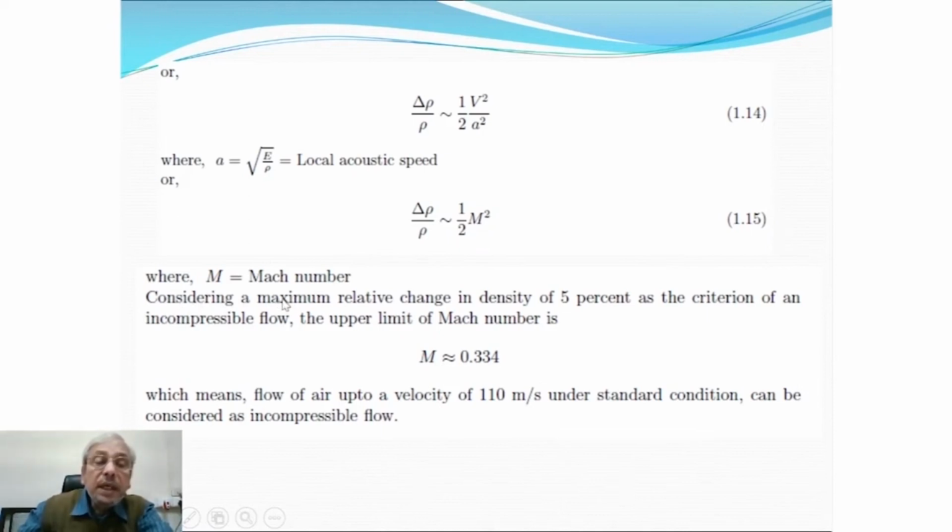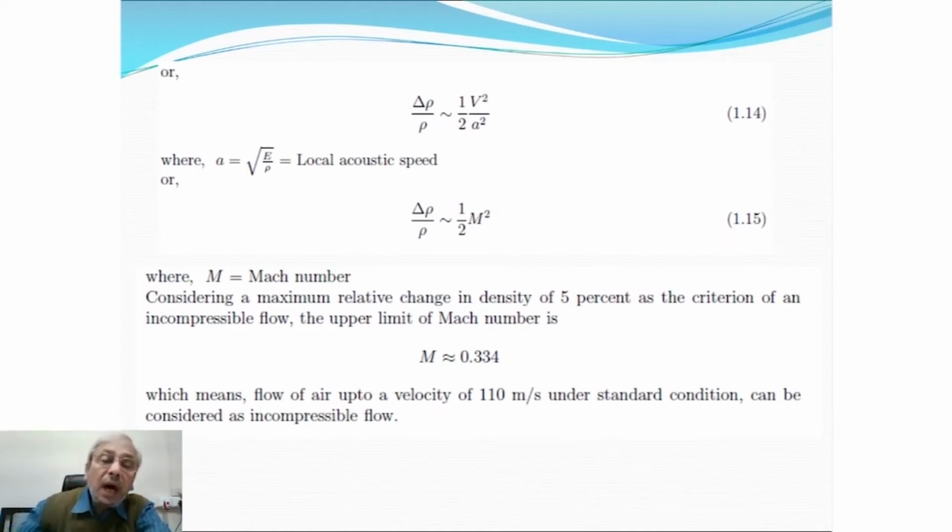So considering a maximum relative change in density of 5% as the criterion of an incompressible flow, if up to 5% change in density is allowed, we can call it incompressible flow.